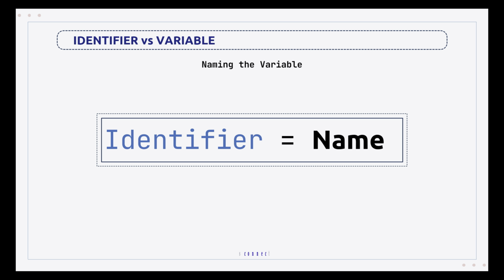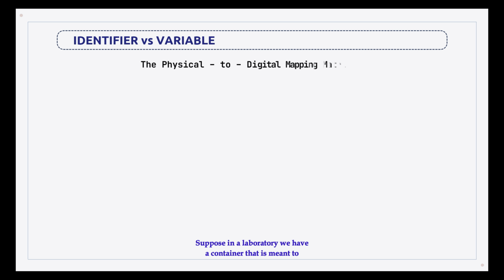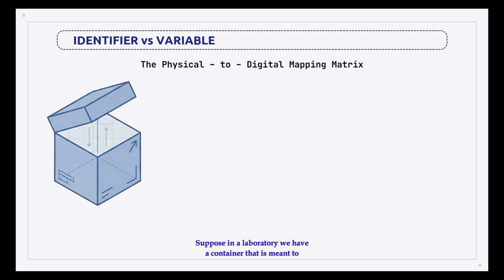Now let us connect the real world laboratory system with Python programming. Suppose in a laboratory we have a container that is meant to store some material, but currently it is empty. Now when we store a material inside it, suppose cement, we usually identify that container by the name of the material.